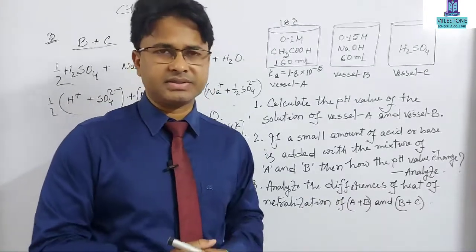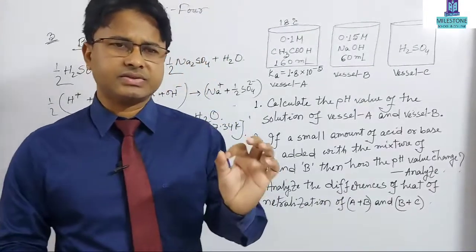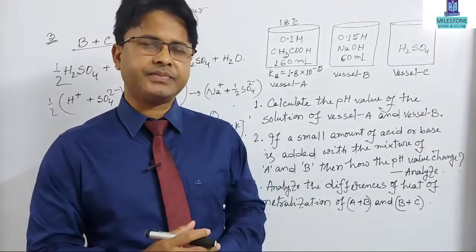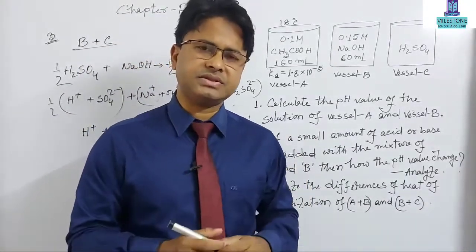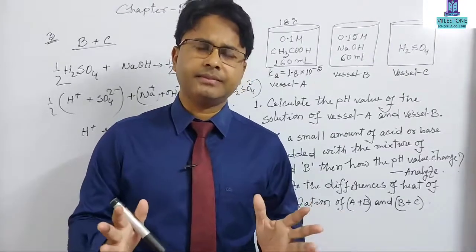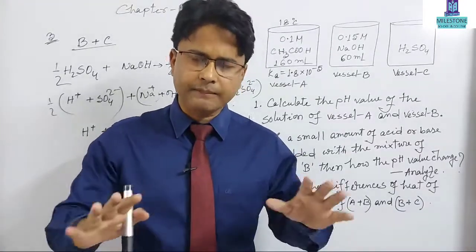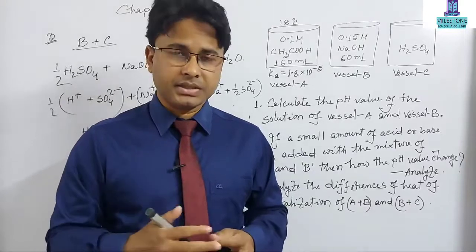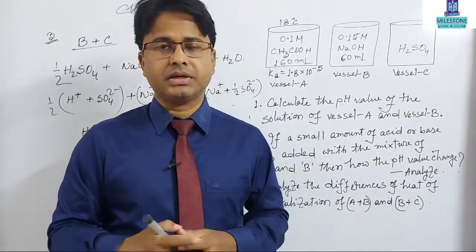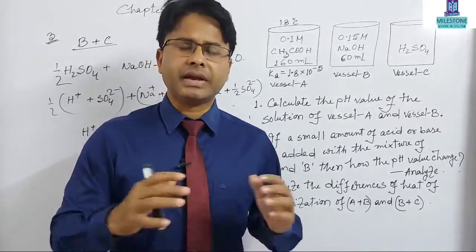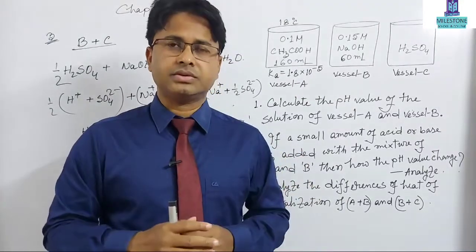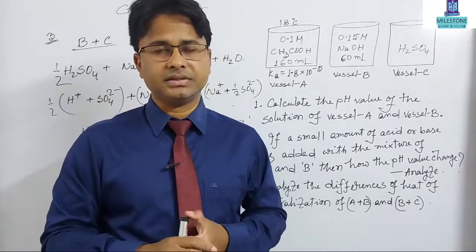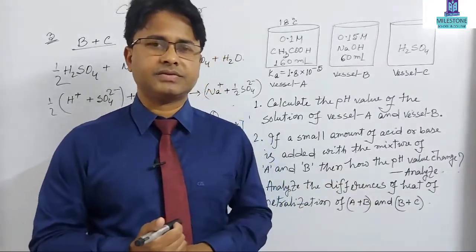Dear students, I would like to repeat again. Strong acid or strong base means both of them ionize in aqueous solution completely, but a weak acid or weak base ionizes in aqueous solution partially. This is the major difference.